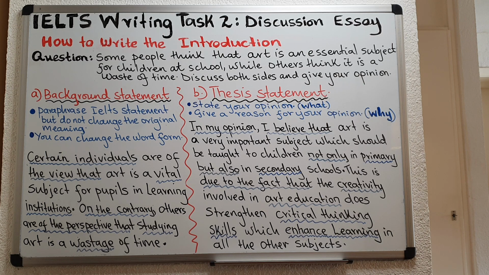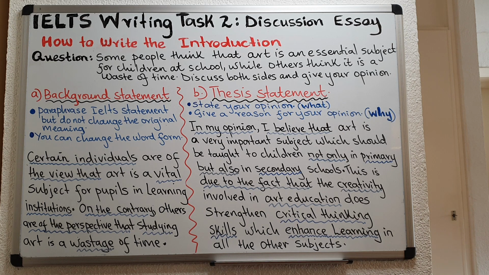Then I'm going to move on to the second part of the statement. So far I have replaced some people think that art is an essential subject for children at school with certain individuals are of the view that art is a vital subject for pupils in learning institutions.